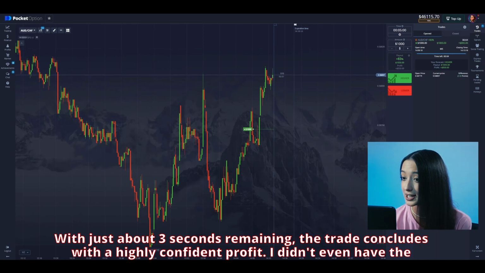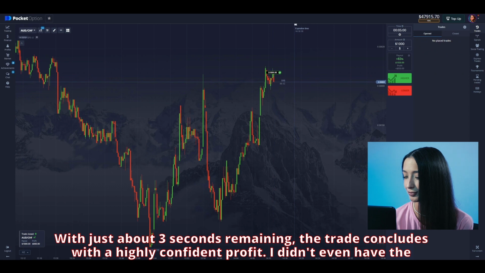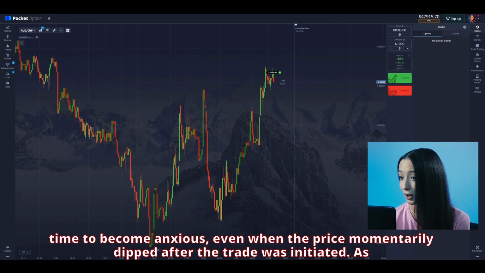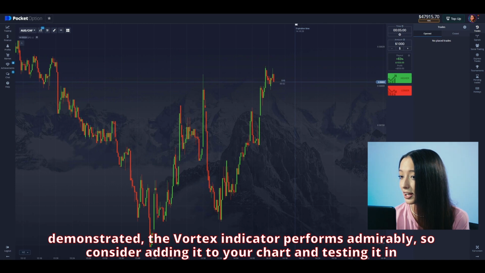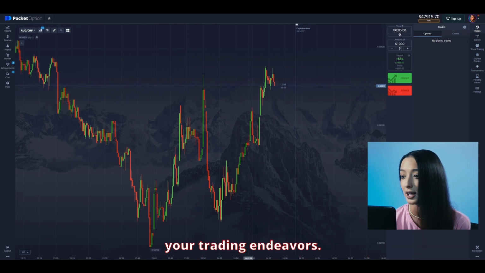With just about 3 seconds remaining, the trade concludes with a highly confident profit. I didn't even have the time to become anxious, even when the price moderately dipped after the trade had initiated. As demonstrated, the Vortex indicator performs admirably. So consider adding it to your chart and testing it in your trading intervals.